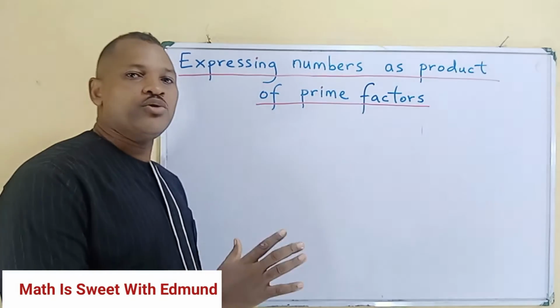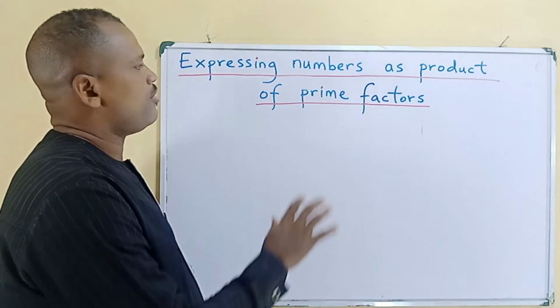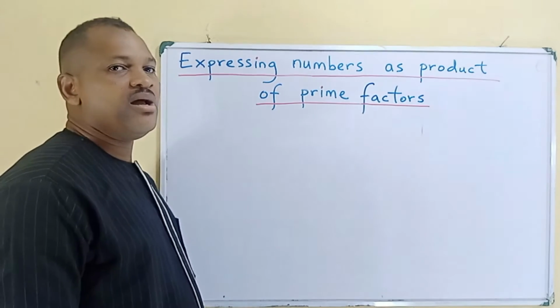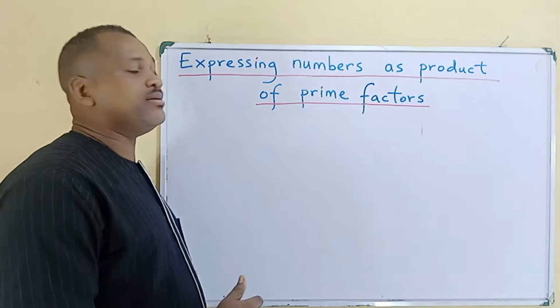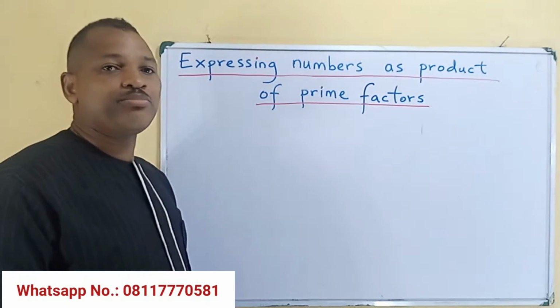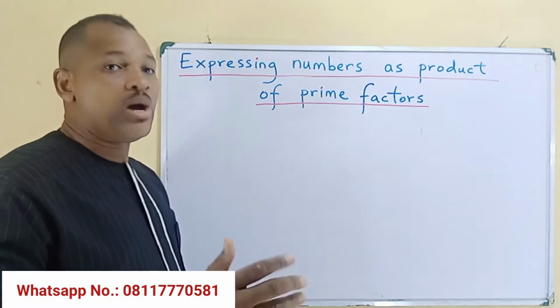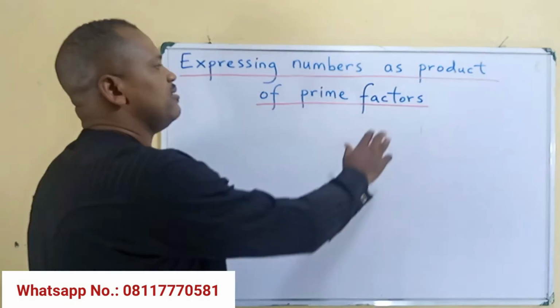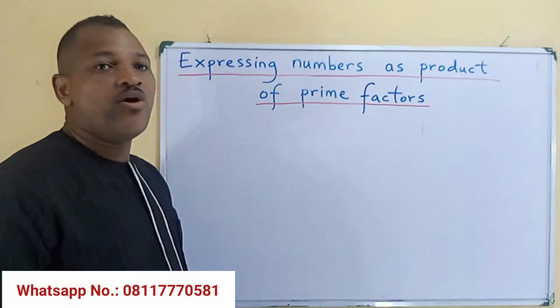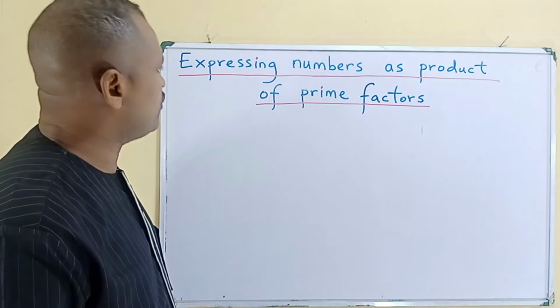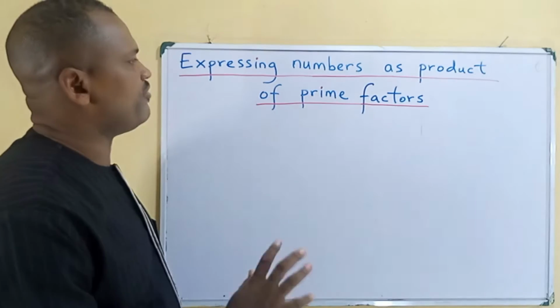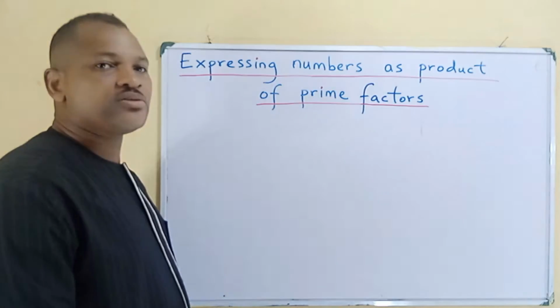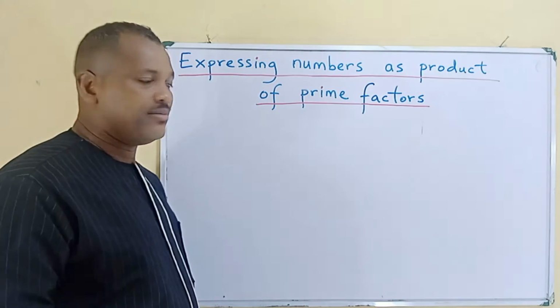In our previous videos, we have treated what prime numbers are, and I took the time to list prime numbers from 1 to 100. And also we have addressed factors of numbers in our previous videos. But for the sake of this video, I will just go over them briefly.